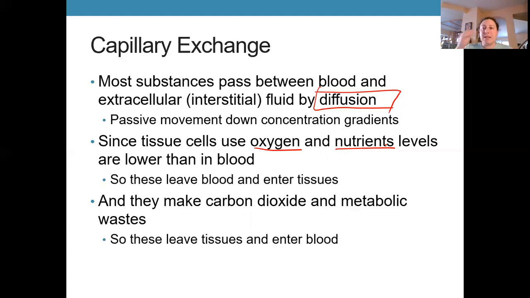Okay, so that is capillary exchange in a nutshell, and I kind of wish I'd left a picture in, but I didn't. There's a lot more to it than that when we get into the details, but again, we don't have time for that. All right, so mostly this is about diffusion.